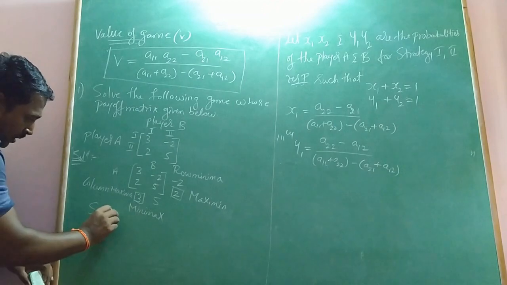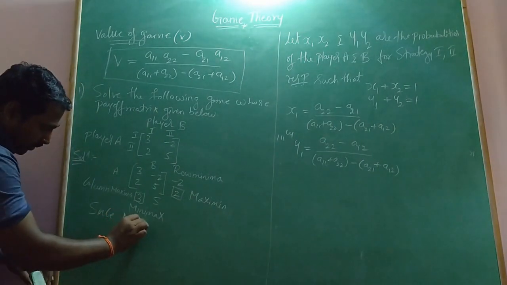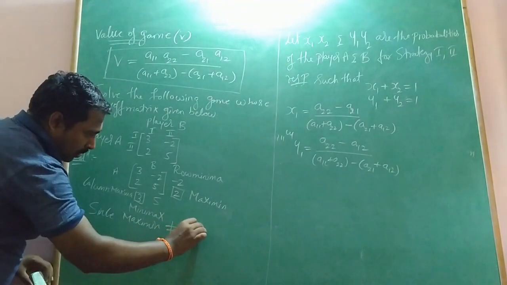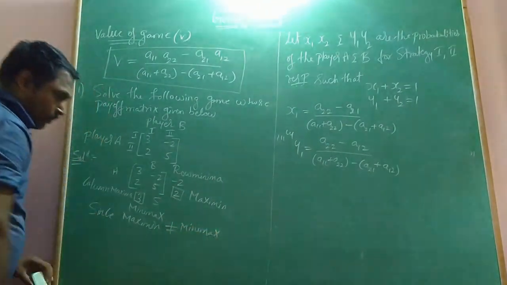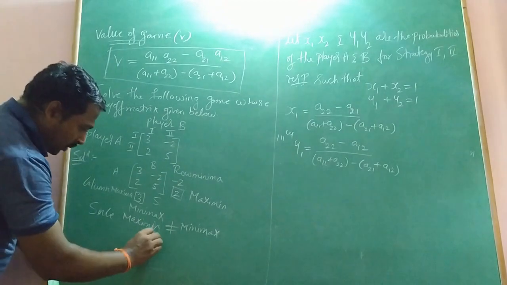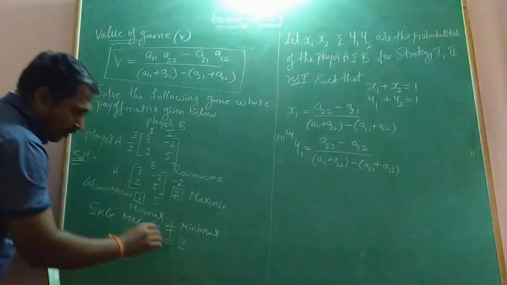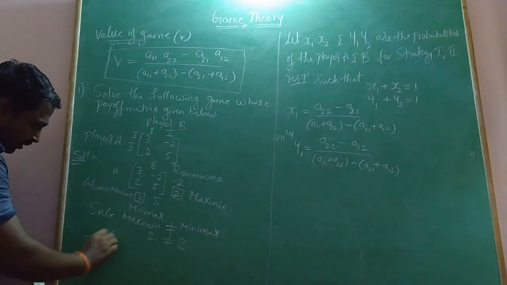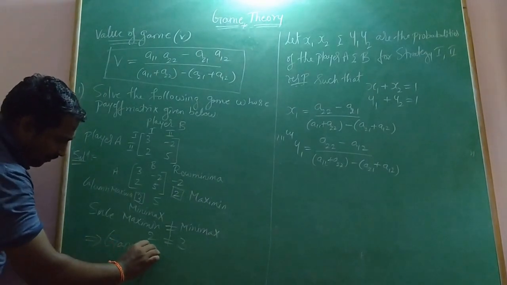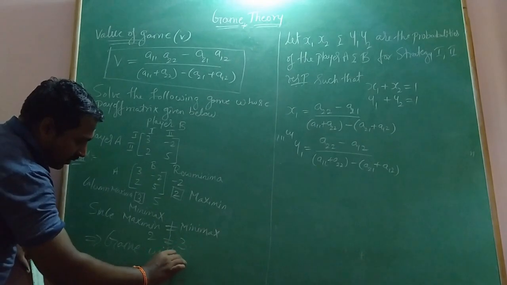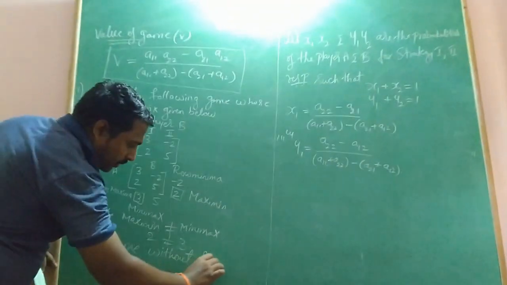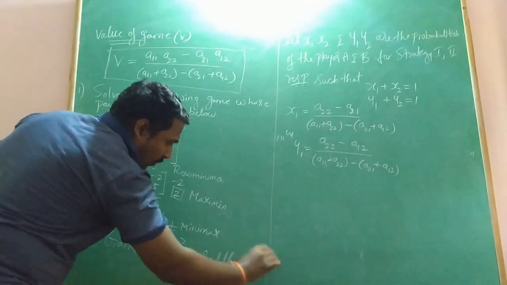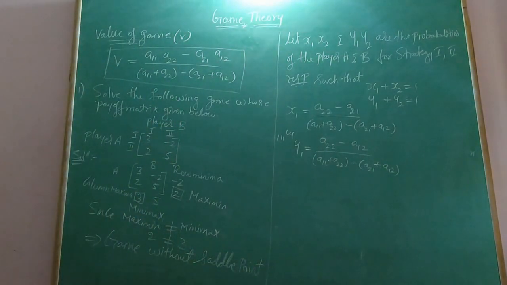Since maximin is not equal to minimax, that is maximin is 2 and minimax is 3, and since these are not equal, we call it a game without saddle point.